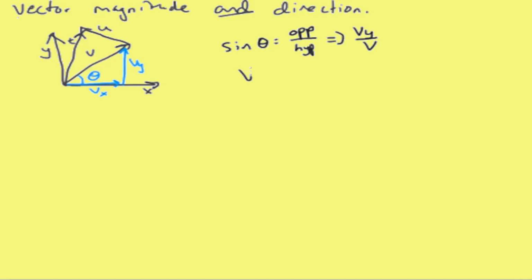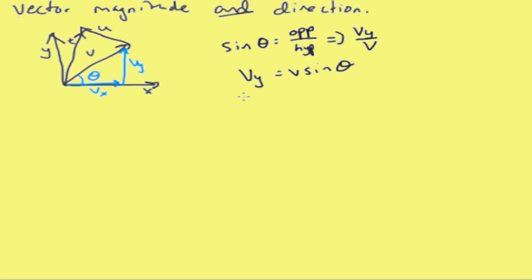So we can solve for vy as v times sine theta, which is nice because sine goes from -1 to 1, so the biggest this can ever be is v, and for any angle that isn't 90 degrees it will be smaller than v.